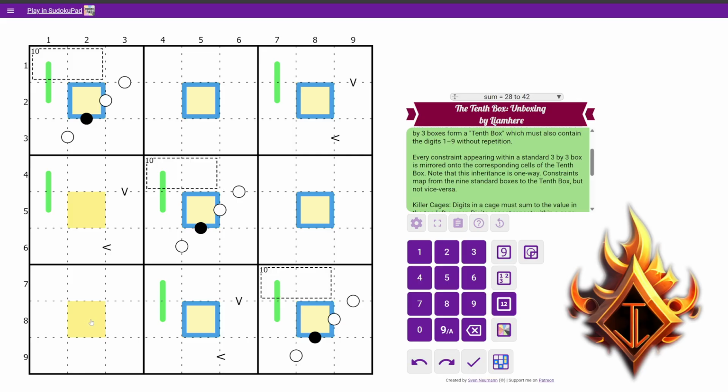If it was in the corner, it could be 9, 8, 4, 5, 6, or 3, 2.